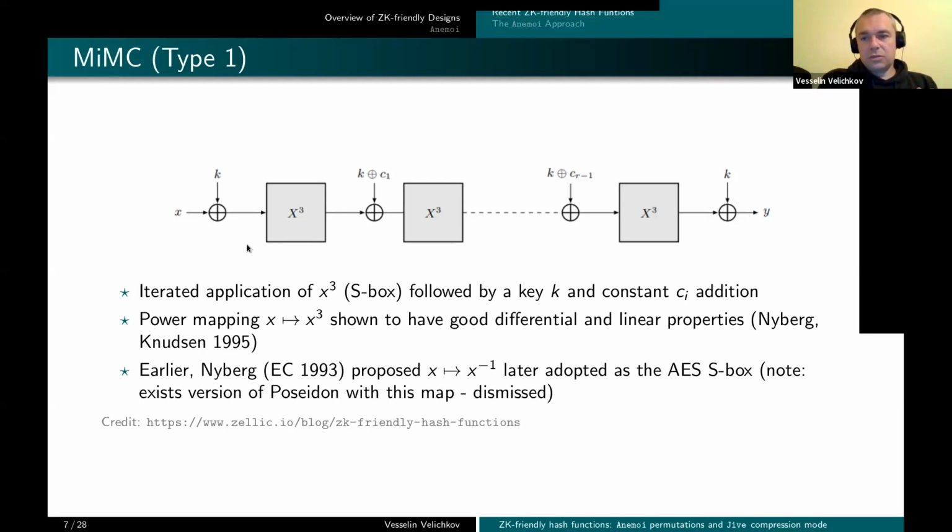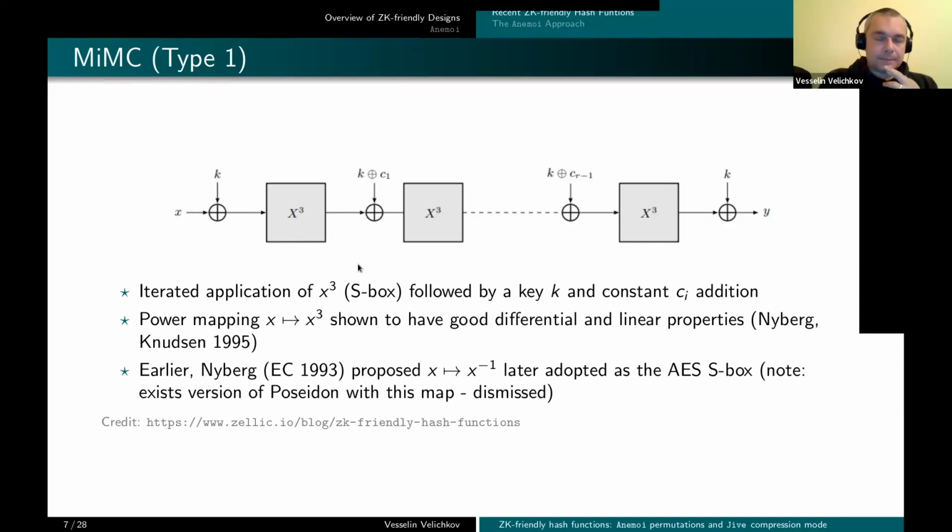So what you see here on the picture is a sequence of rounds, where one round is a sequence of operations like this. You have XOR, so this is the exclusive OR operation, and you have the cube, the power map, the cube of x. So those two operations compose one round, and you iterate the round function multiple times.